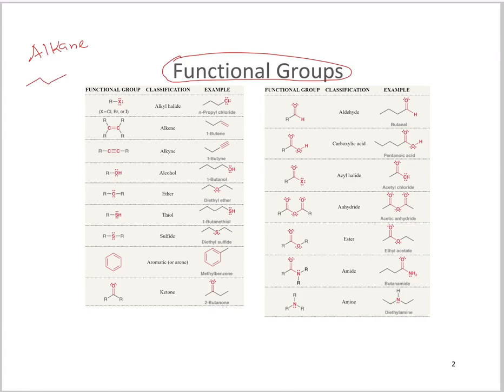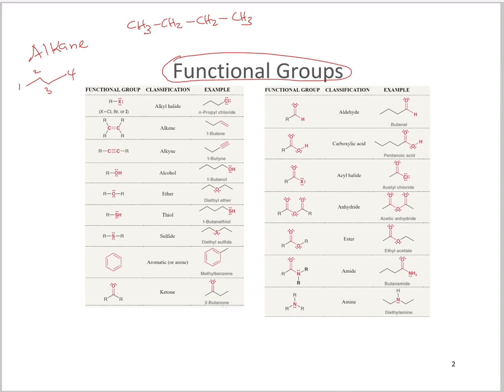Alkanes is where we have carbon and hydrogen atoms only. So in this case, we have 1, 2, 3, 4, which means we could write this as CH3 connected to CH2, connected to CH2, connected to CH3. So we call those alkanes.